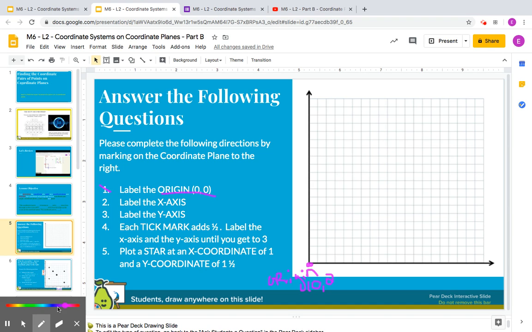Now let's label the x-axis. My x-axis is how far over something is. So it's going to be this bottom line that goes horizontal, or side to side. So this is my x-axis.